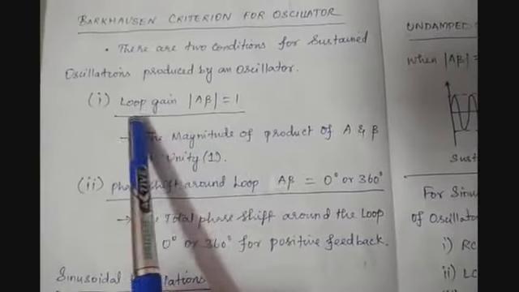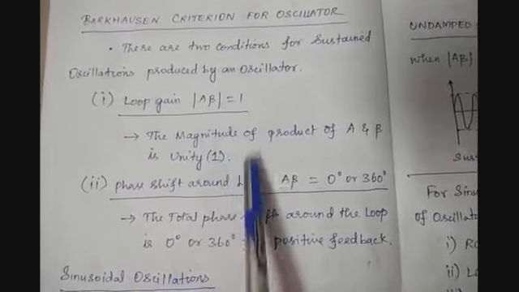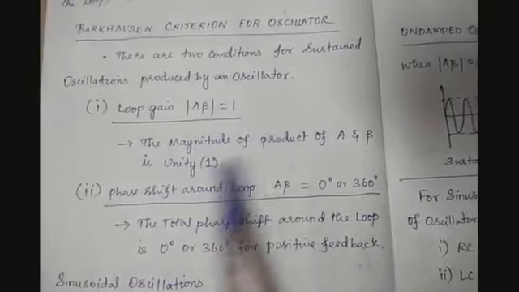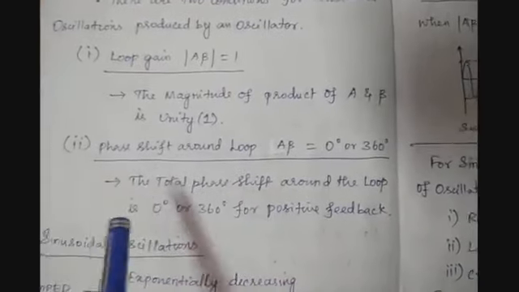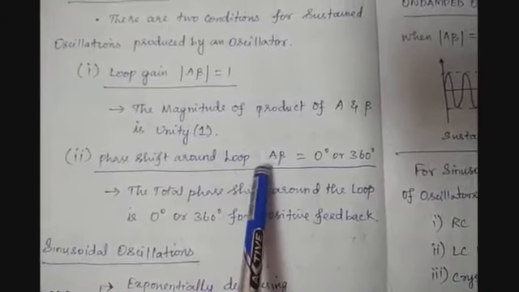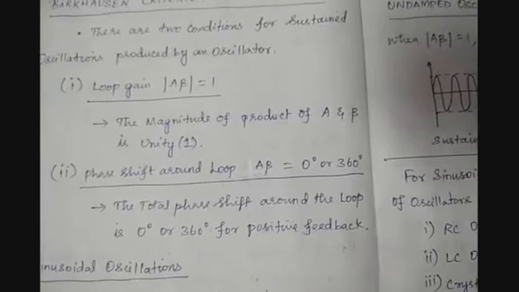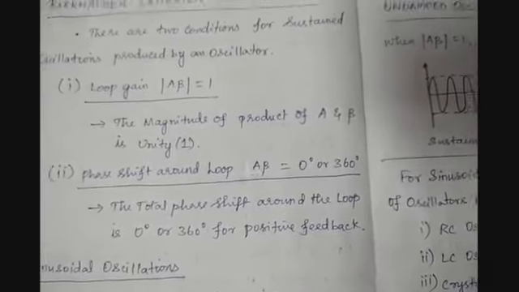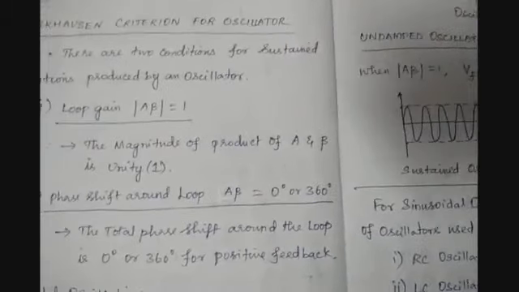First condition is loop gain, modulus A beta equal to 1. Magnitude of product of A and beta is unity. And second condition is phase shift around loop, that is angle of A beta equal to 360 degree.